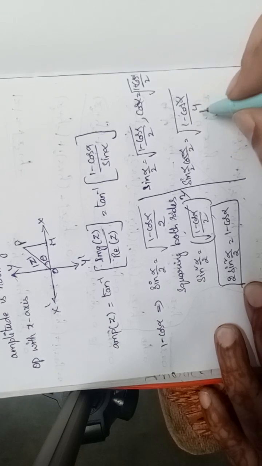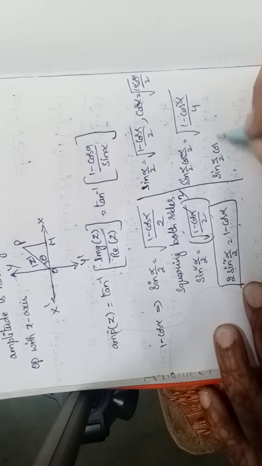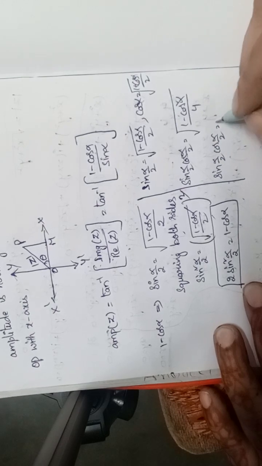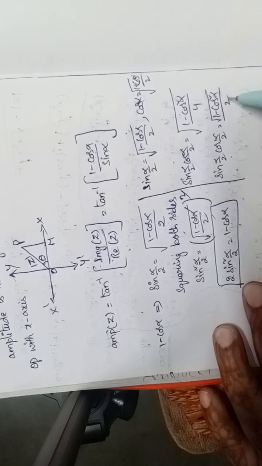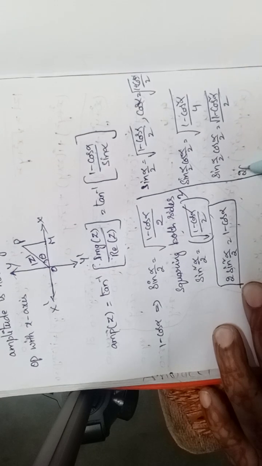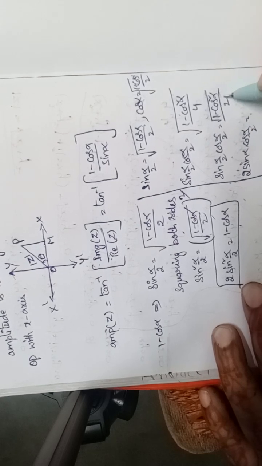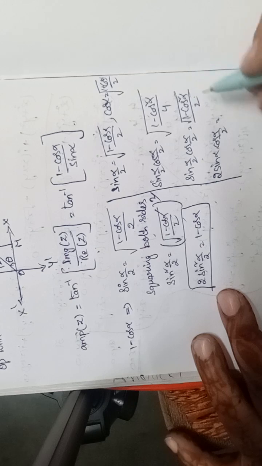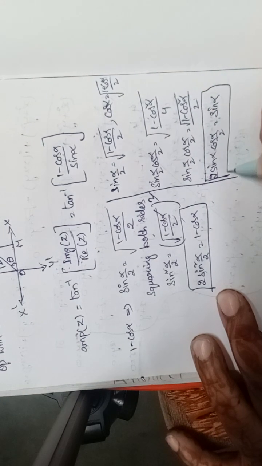So sin alpha by 2 cos alpha by 2 equals root of (1 minus cos square alpha) by 2. This 2 comes to this side: 2 sin alpha by 2 cos alpha by 2 equals the square root of 1 minus cos square alpha, which is nothing but sin square alpha, and root sin square alpha is sin alpha. So these are the two results you will use here.